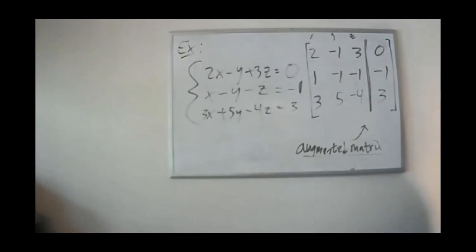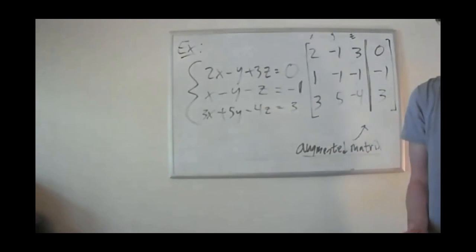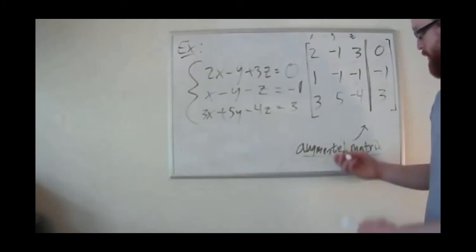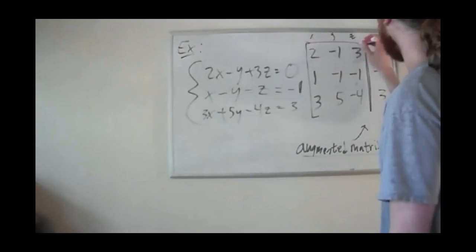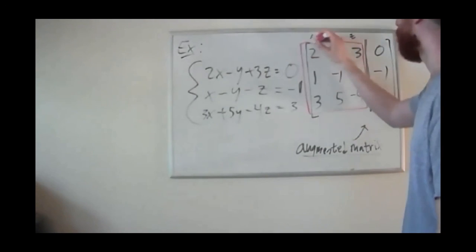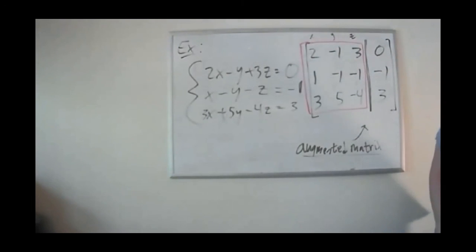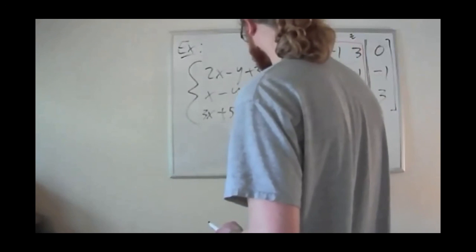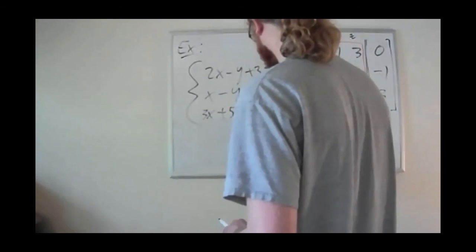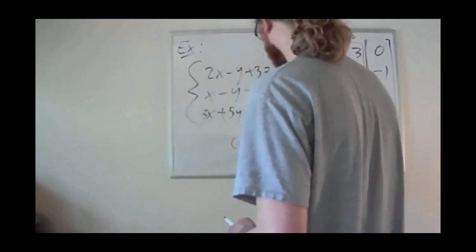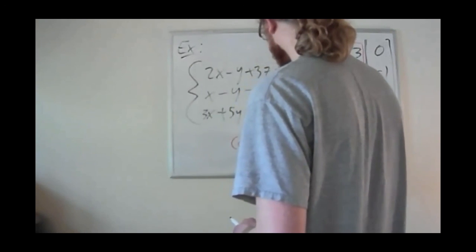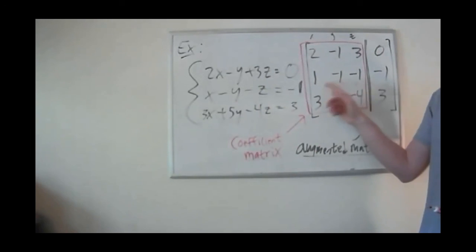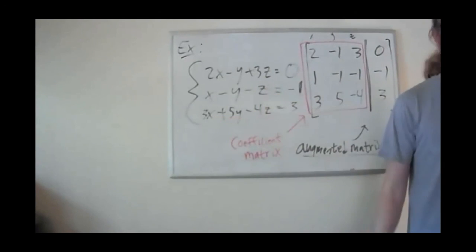And just to be a little fancy, maybe as a last thing to mention, one more piece of terminology is that this part over here, to the left of the bar, we might call the coefficient matrix, because these numbers came from the coefficients of the variables.